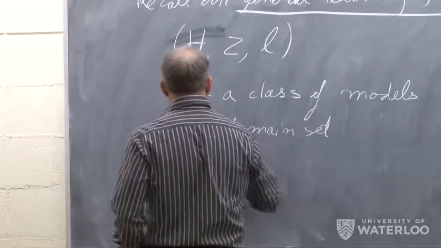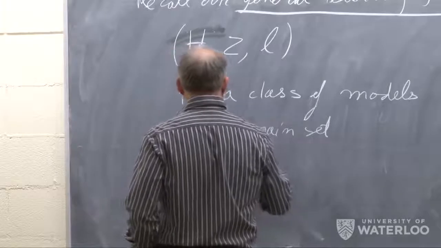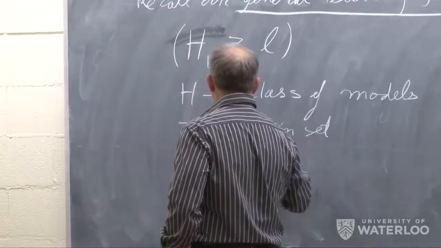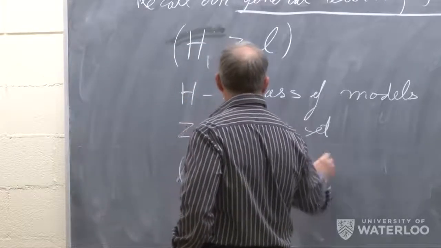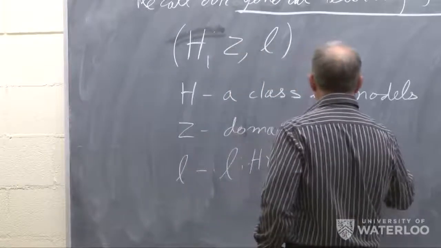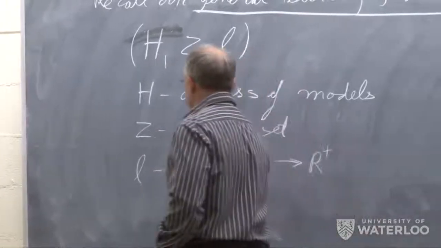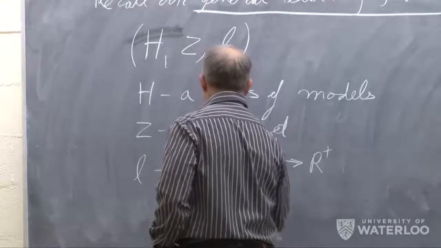L is a function that goes from H times Z to R plus, and this is a loss function.